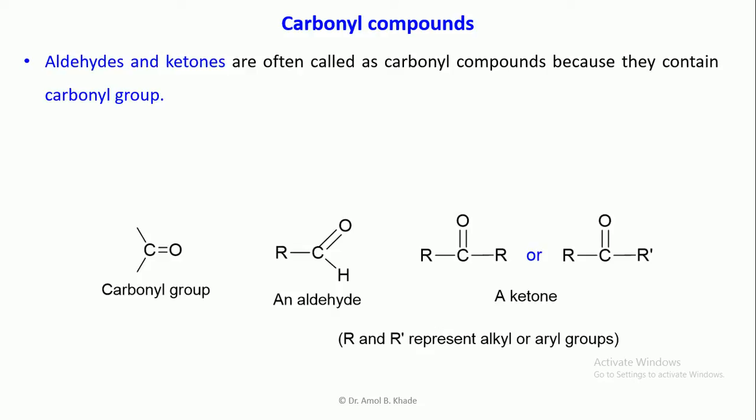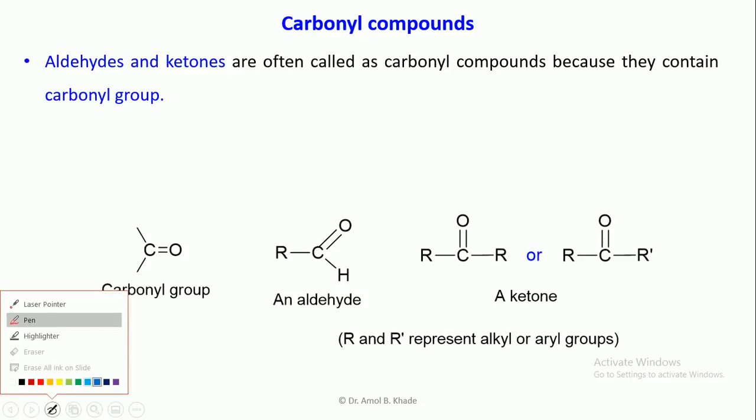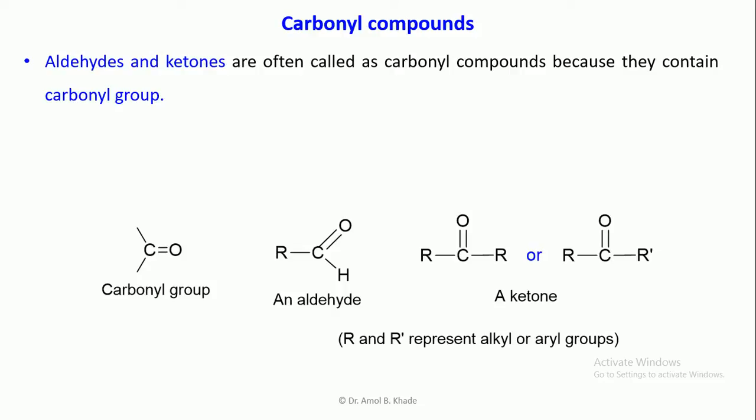Here you can see there is a carbonyl carbon, and this is attached to the oxygen. This is referred to as the carbonyl group. In aldehydes and ketones we find this carbonyl group is present, and that's why aldehydes and ketones are also referred to as carbonyl compounds.